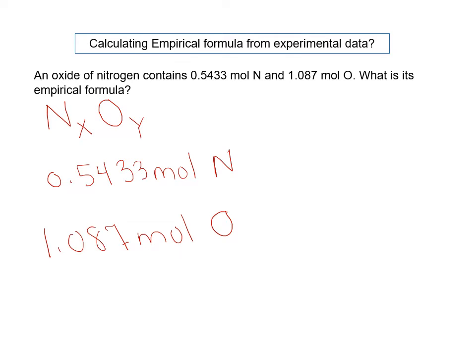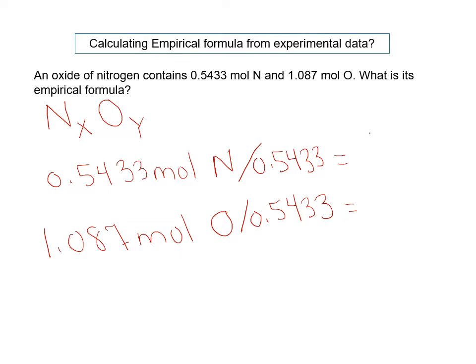To determine the mole ratio, we divide both of our moles by the smallest mole value, which in this case is the 0.5433. So we divide both of them by that value, and that'll give us the mole ratio.